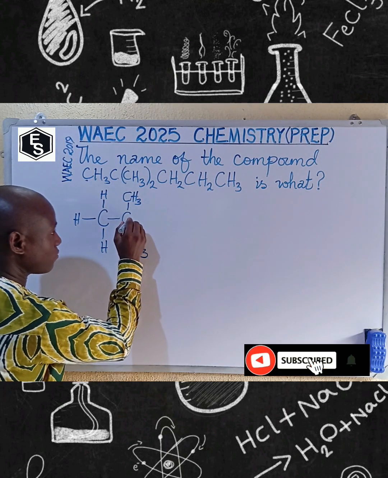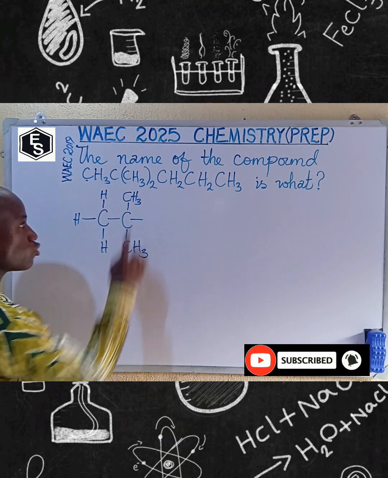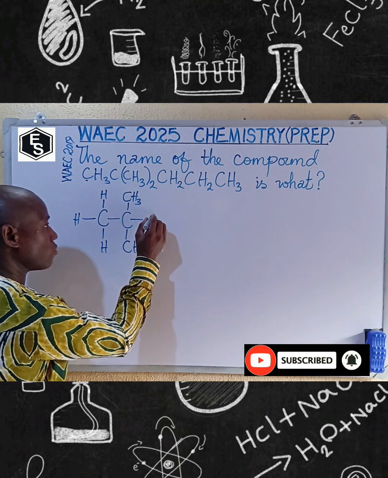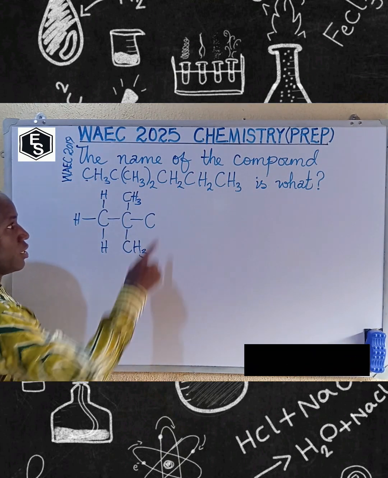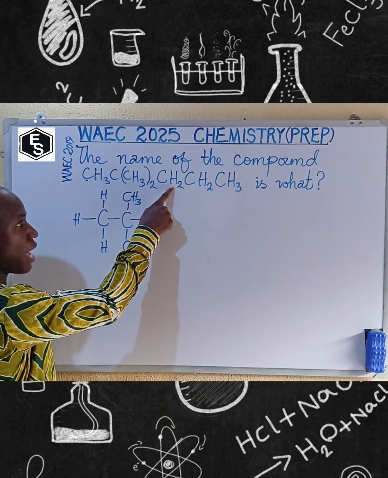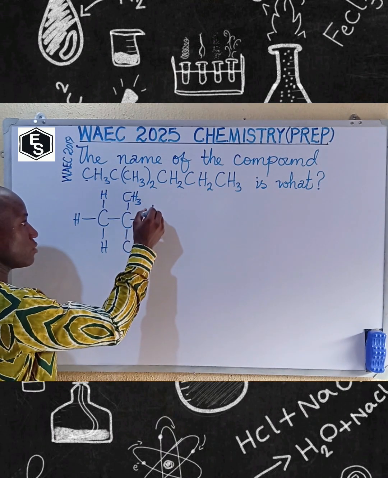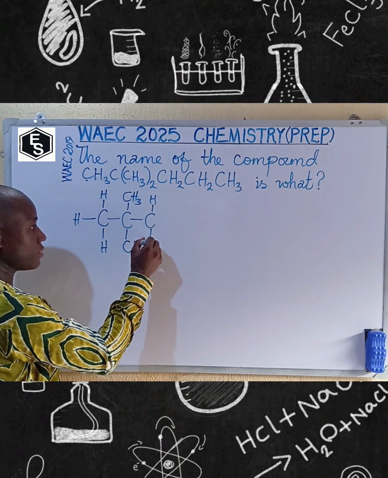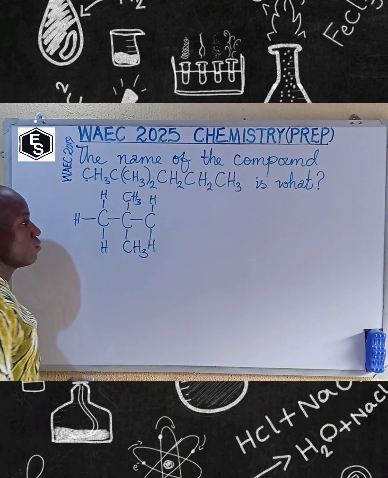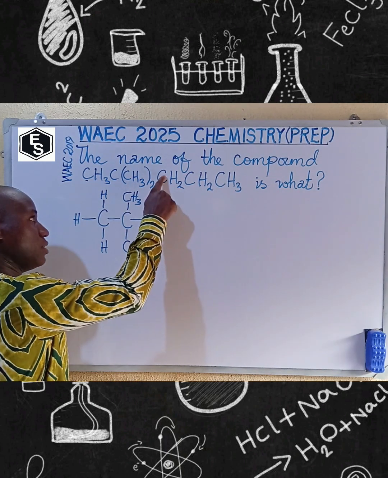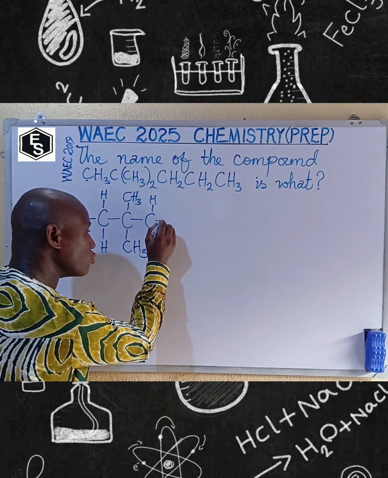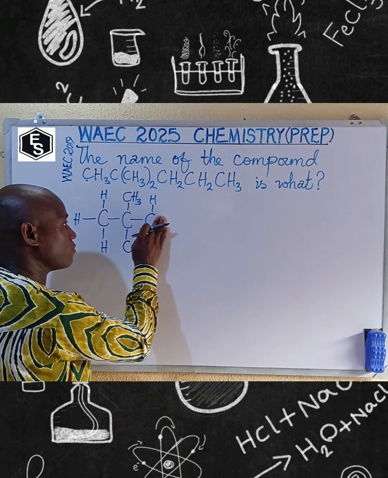Now, this carbon has a bond to the next carbon. So this is the next carbon atom. It is bonded to 2 hydrogen atoms. So this is the first one, and this is the second one attached to this carbon atom. Now, this carbon atom has another bond to the next carbon atom here.